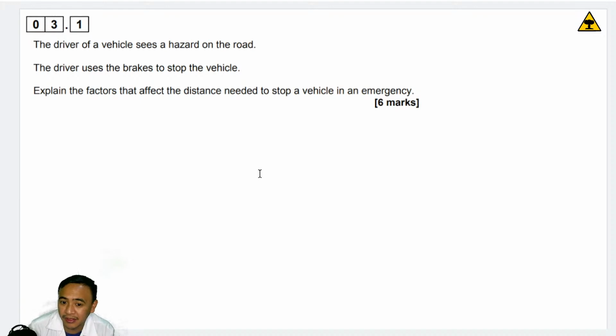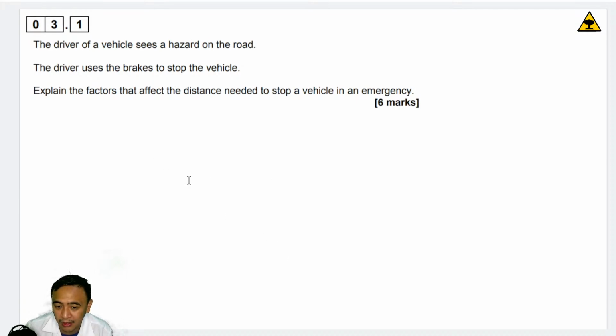Another possibility here is saying something about the condition of the car. So it could be the tires, the road surface, the brakes, those things.